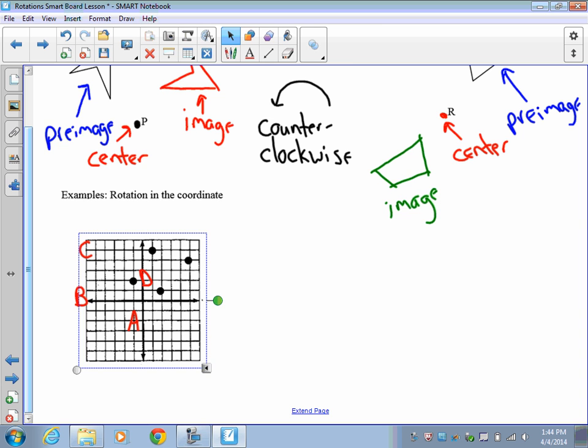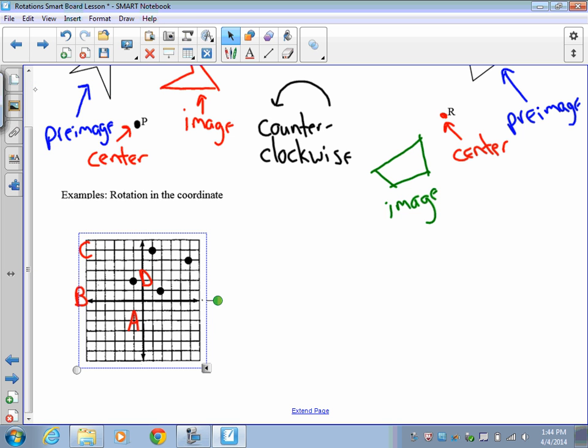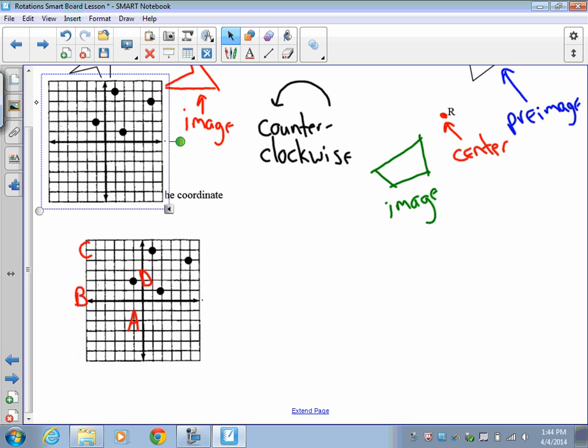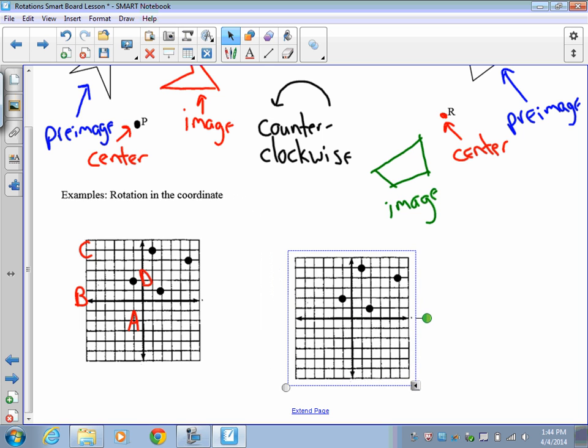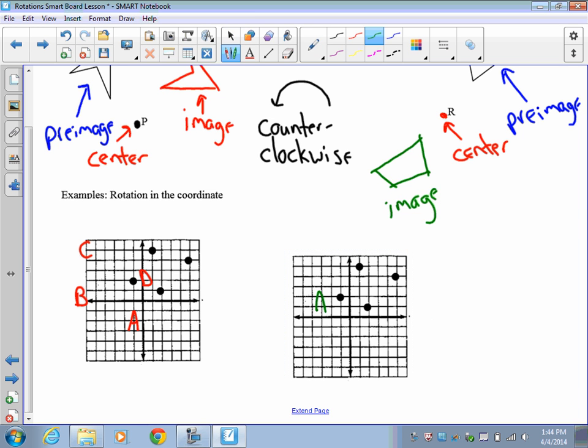And whenever I rotate it, let me copy that over. I have these points. So these points here become A prime, B prime, C prime, and D prime.